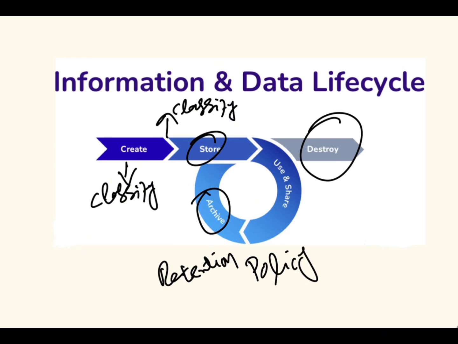Creation and classification, as I highlighted in the beginning: as soon as data is created or collected, it should be classified based on its sensitivity. For example, public, internal, confidential, secret, top secret, whatever it is. Classification determines how the data must be handled in all future stages: storage, access, sharing, and destruction.